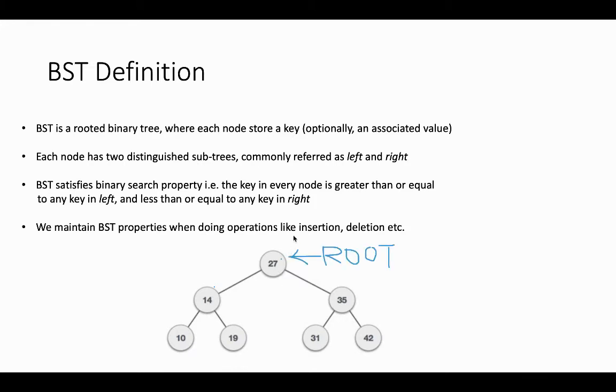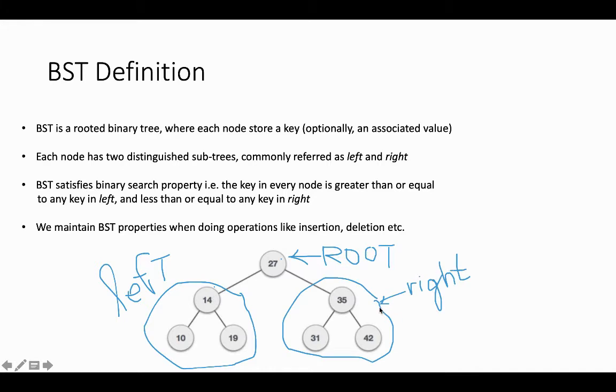So this 27 is called the root of this tree, and this part which is on the left of this root is called the left subtree, and this part is called the right subtree. Now let's verify this follows the BST property which we mentioned earlier.